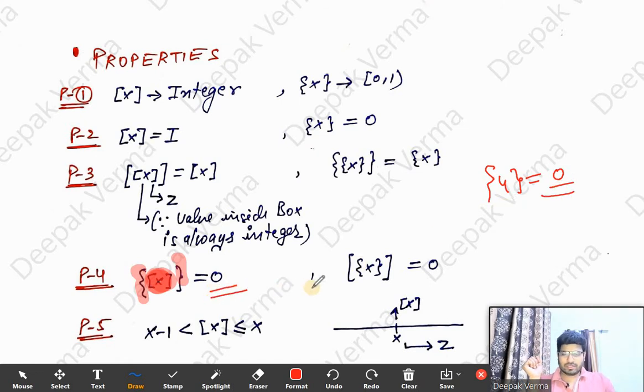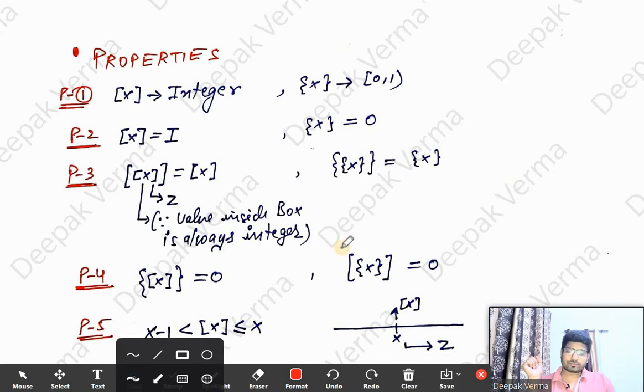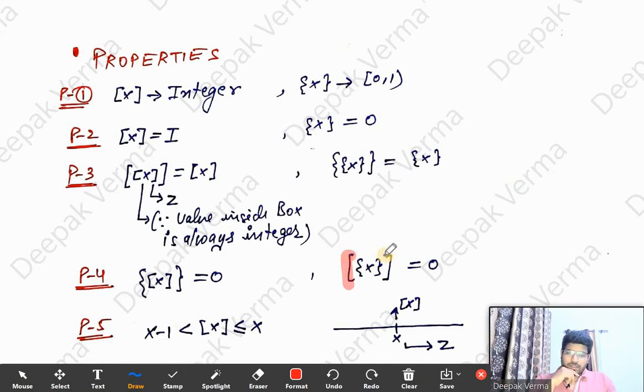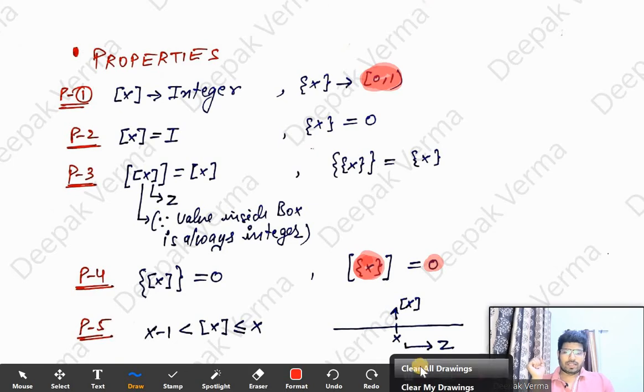So this is what is written here. I hope it is clear. Now if we have box of the fractional part, since it's a fractional part, the value of this lies between 0 and 1. Then if x lies between 0 and 1, the value of box will be of course 0. Got it? I hope it is clear.